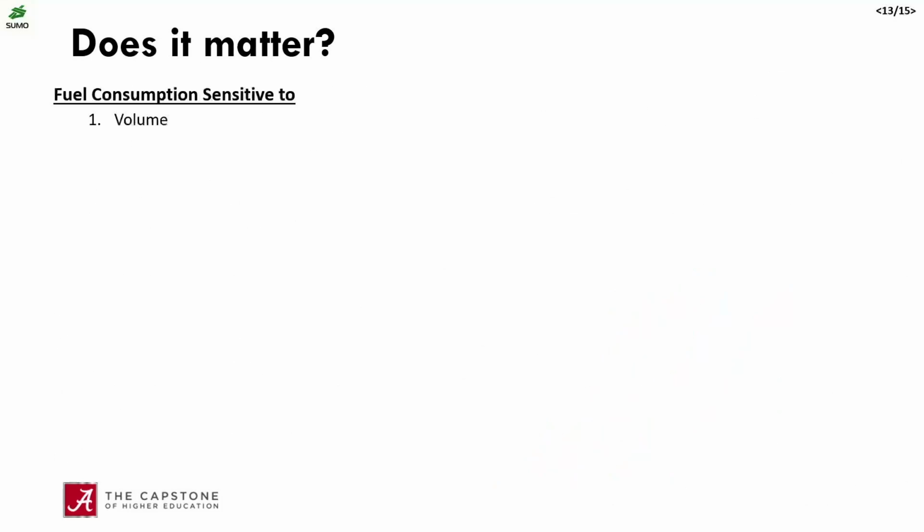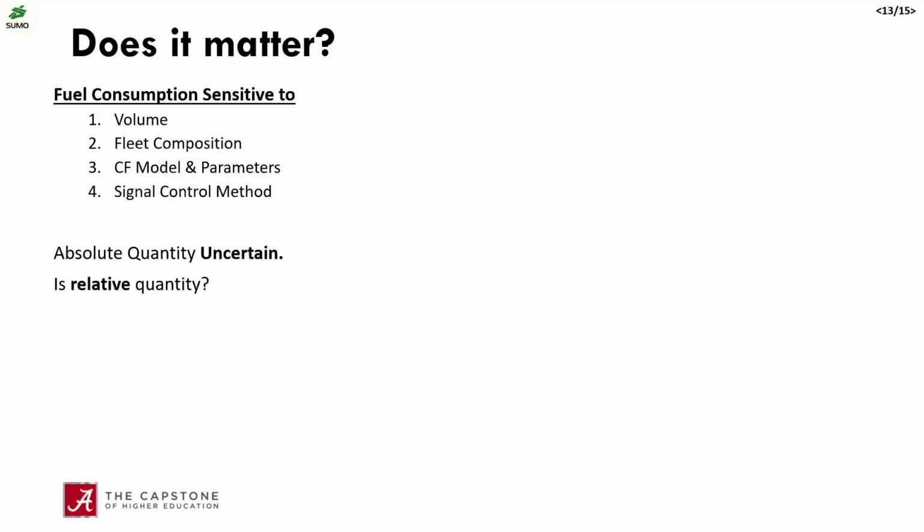So this all comes down to, does it matter? The other research showed that, number one, fuel consumption is sensitive to volume. If you don't have the volume in your network right, you're not going to be in the right ballpark. Two is fleet composition. You have to know what kind of vehicles are on the roads, if you have semi-trucks, or, in Alabama, people who've cut off the exhaust on their pickup trucks and don't have any catalytic converters. Then it's also sensitive to the car following model and the parameters, but also to the signal control method.